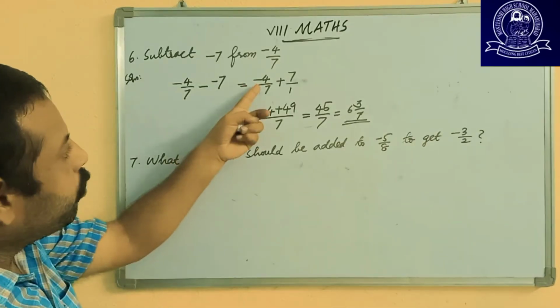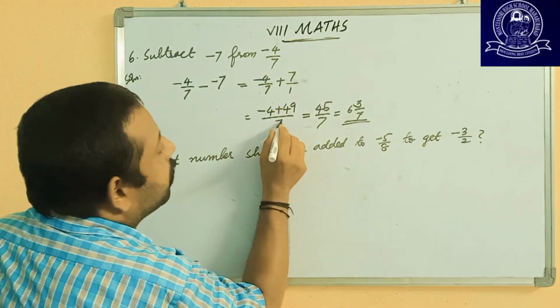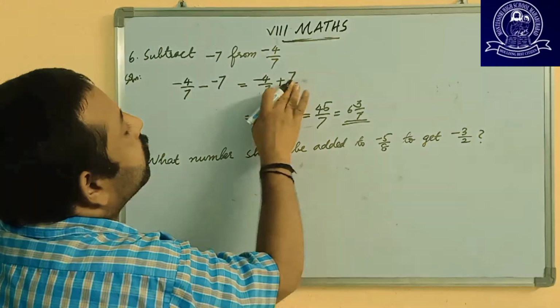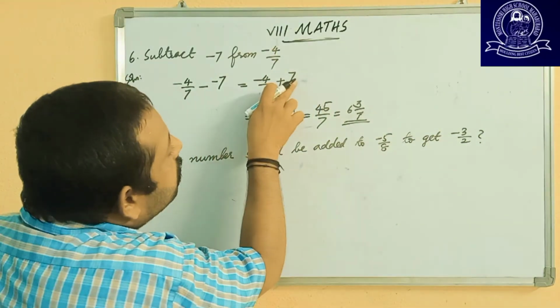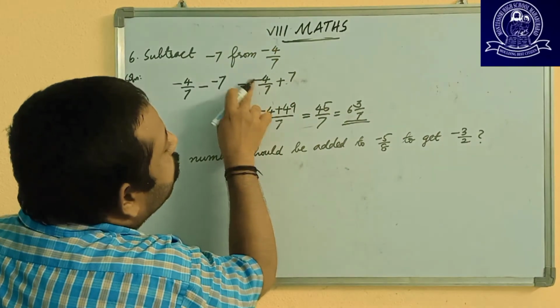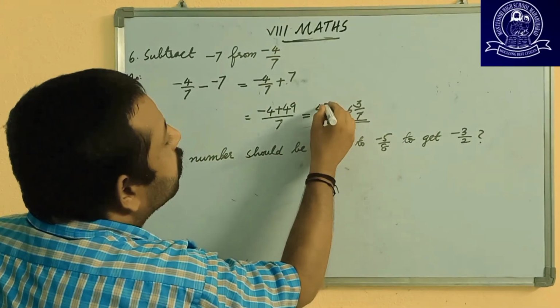Now, minus 4 by 7 plus 7. Other than doing like this, we can simply multiply this way. Just think that this is not there. 7 7s are 49. 49 minus 4, 45 by 7. Like that also you can write.